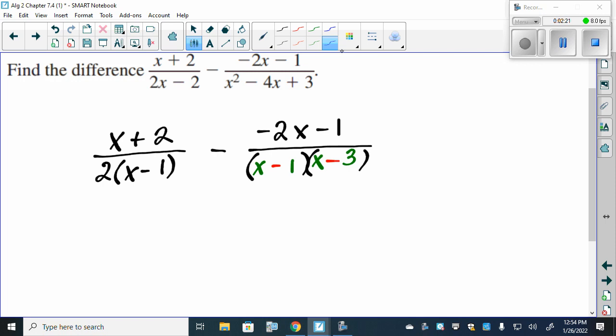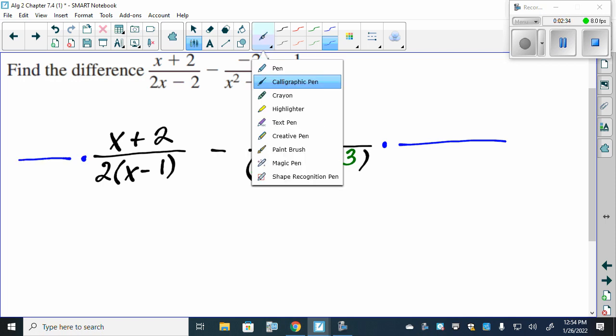Now, we've got both of those factors, so it's going to be a little bit easier to see what we need to do to both sides to get the denominators to be the exact same. Let's get a highlighter.